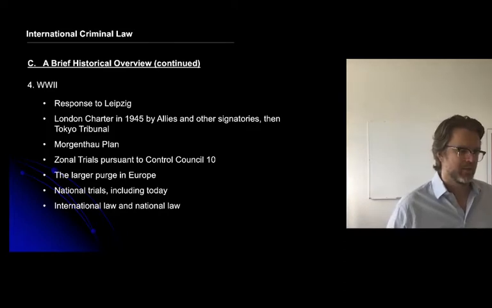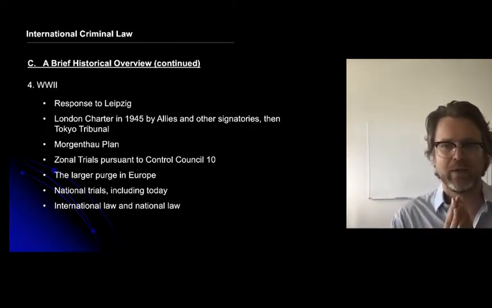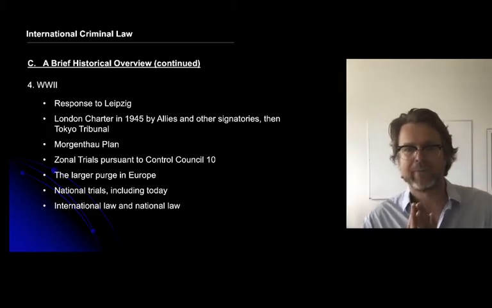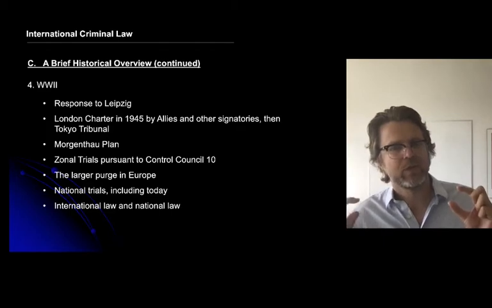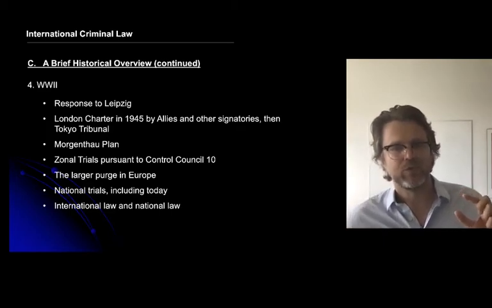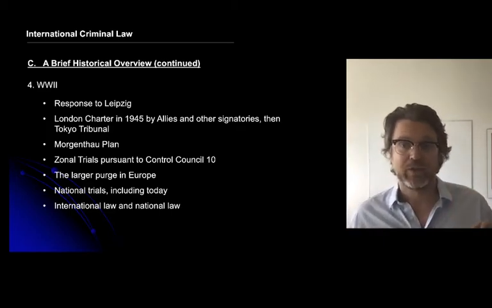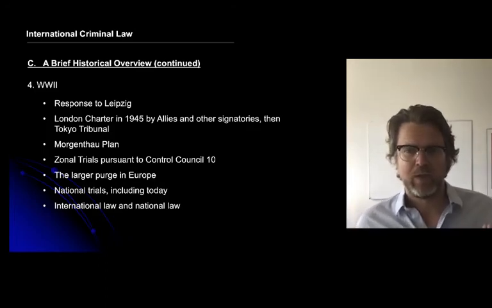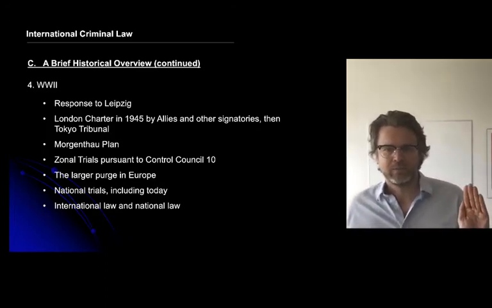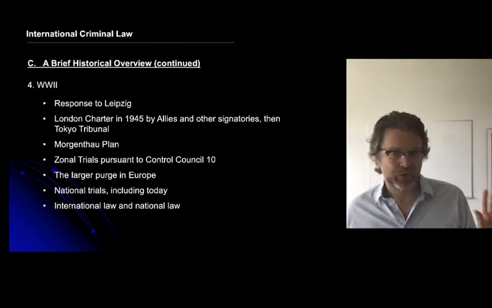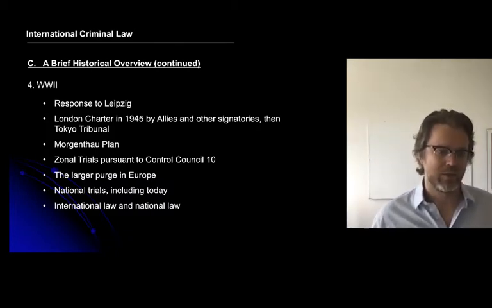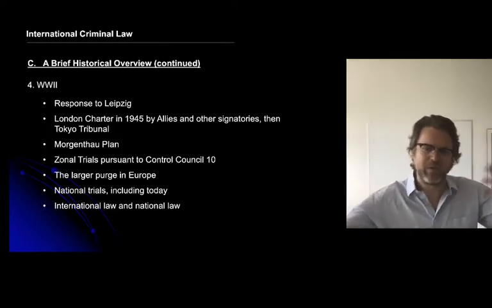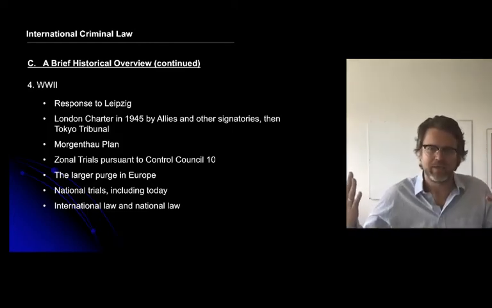And through this story, you get your first glimpse at a descriptor which is traditionally used to critique both Nuremberg and Tokyo, which is victor's justice. If you think of Leipzig as vanquished justice, that is justice by the German state against its own nationals, which turns out to be a total farce because we're not going to hold ourselves responsible.